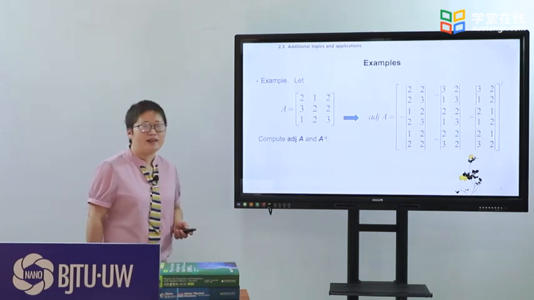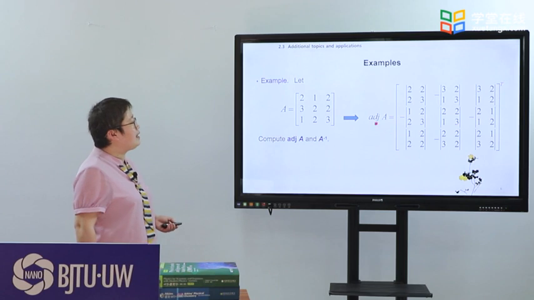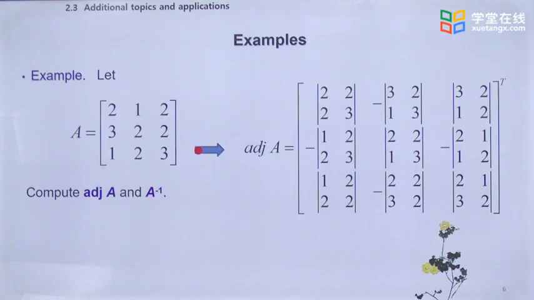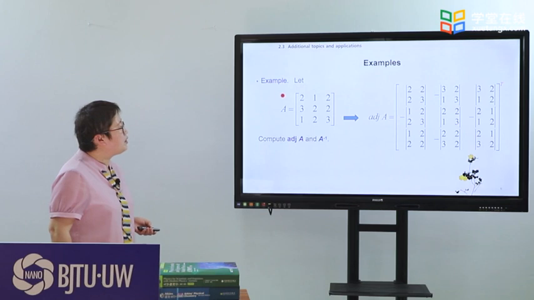Okay, with this example, let A be a 3 by 3 matrix. Then we can compute adjoint of A, for example, the cofactors A11, A12, A13. Here, capital A11 should have a sign.